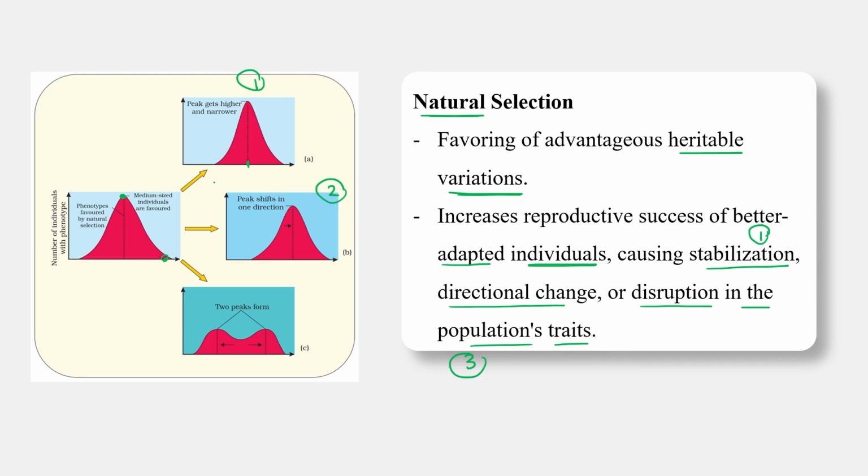When there is a directional change, the peak shifts towards one direction. And if there is a disruption, the medium height individuals get suppressed and you obtain two peaks, and this type of graph is known as disruption in the population trait. So this is how we obtain three different types of graphs: stabilizing, directional change, or disruption.